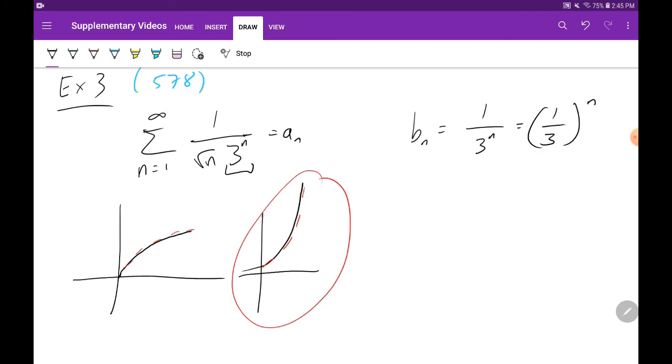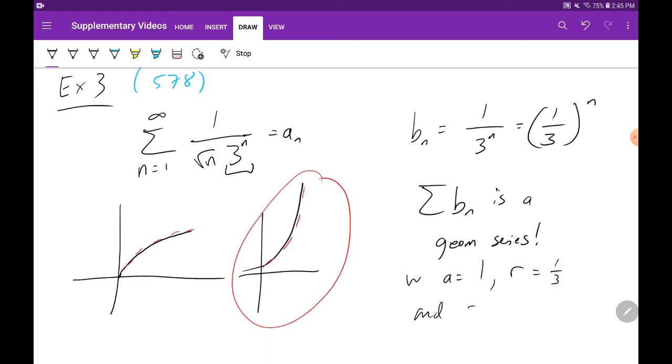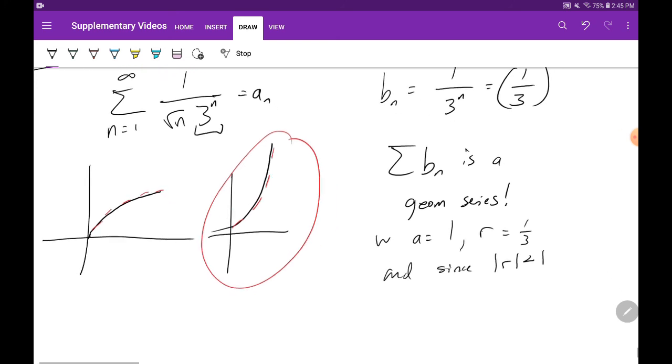And you're like, oh snap, the sum of b sub n is a geometric series with a equal to 1, r equal to 1/3, and since the absolute value of r is less than 1, the sum of b sub n converges.